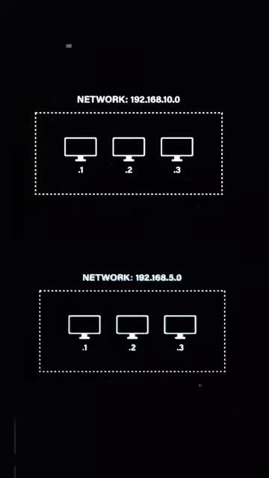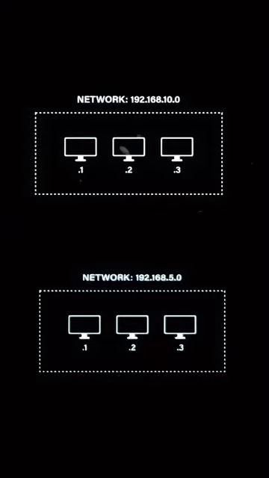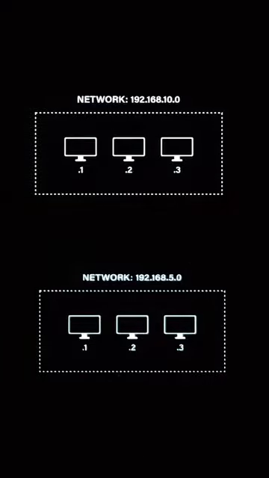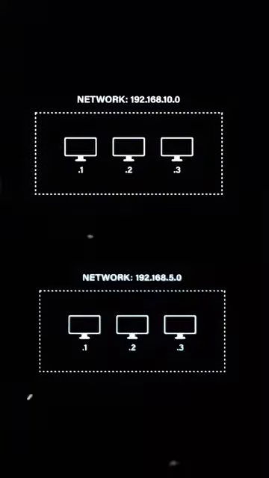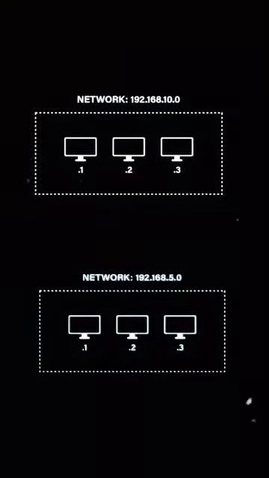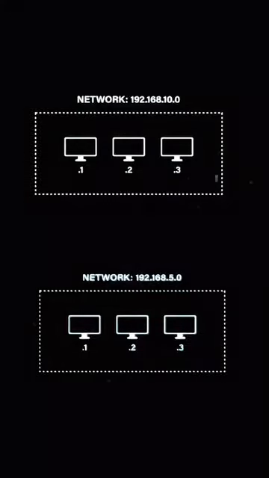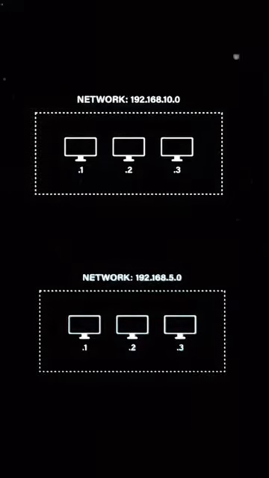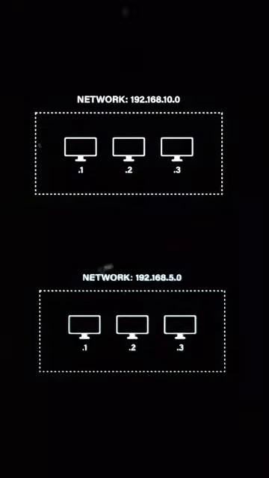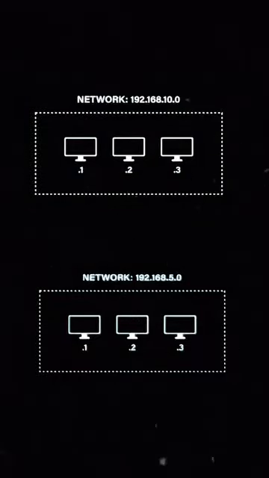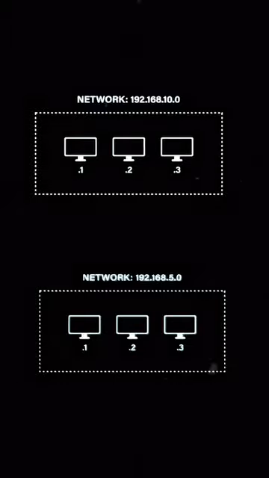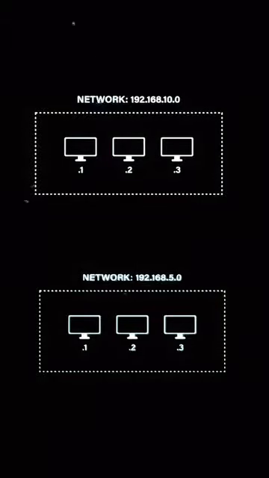Inside our networks, we have our hosts, .1, .2, and .3. It's common in a network diagram to just show the host section of the address if you already know the network section. In fact, these IP addresses would be 192.168.5.1, 192.168.5.2, and so on and so on.